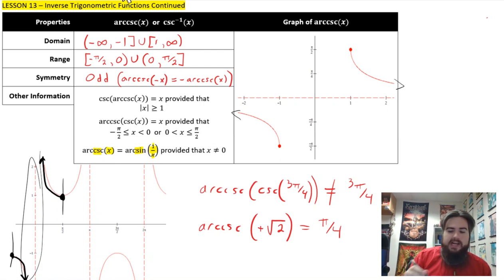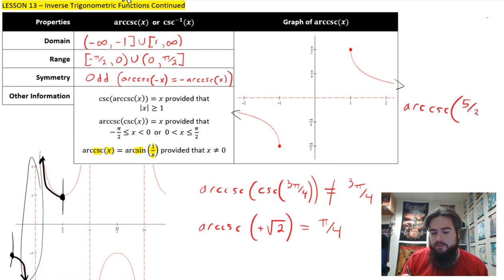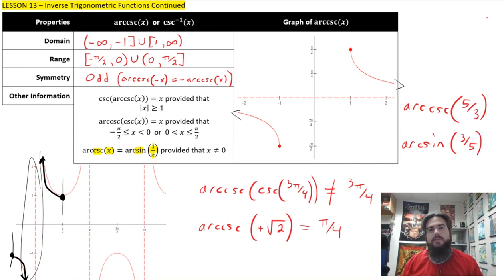So, for example, if you wanted to do arc cosecant of, let's say, 5 over 3, and approximate that using a calculator, you would instead do arc sine of 3 over 5. This actually demonstrates that many times individuals will evaluate arc cosecant by changing it into arc sine instead, which is a common strategy that you can absolutely apply if you would like.